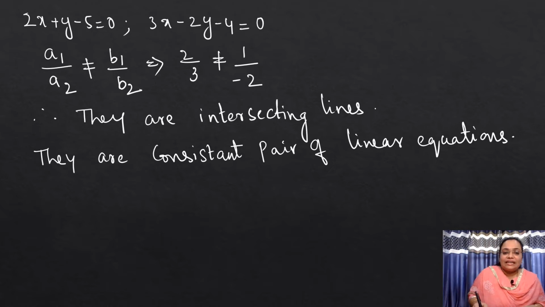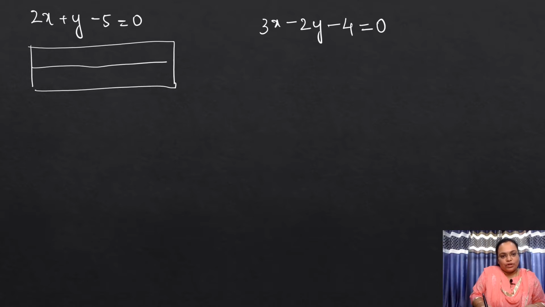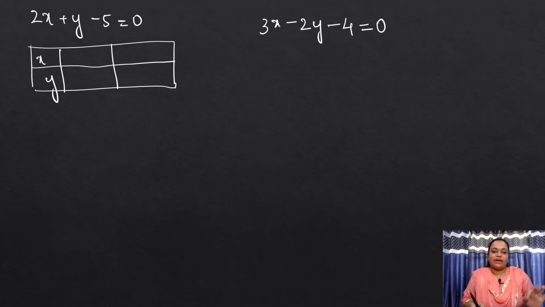Now, if it is an intersecting line, we need to find the solution for the intersecting lines, right? Let us plot a graph and find the solutions. As I told you, if you just have 2 points for x and y, it is enough to draw a straight line.